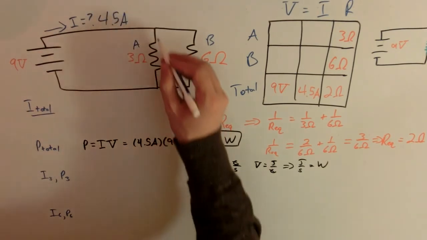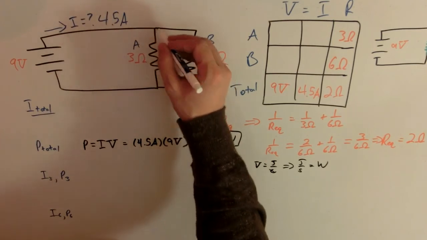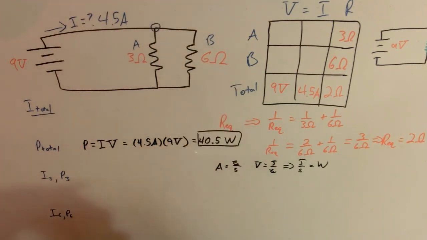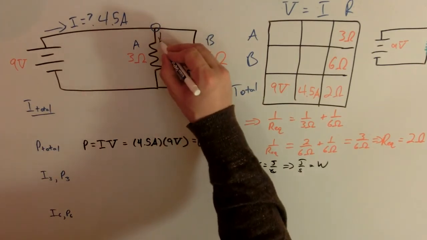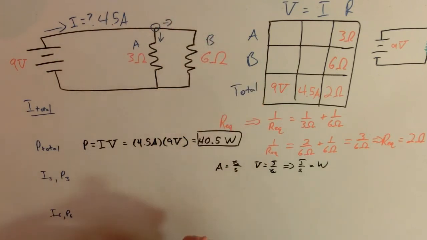We solved for that. And so it goes into a junction right here. And so we know that 4.5 amps has to come out of that junction, but we've got two different paths that it can go along. And we don't really have a good indicator as to how much goes one way and how much goes the other. Okay, so going straight to the junction rule may not be the best approach on this.